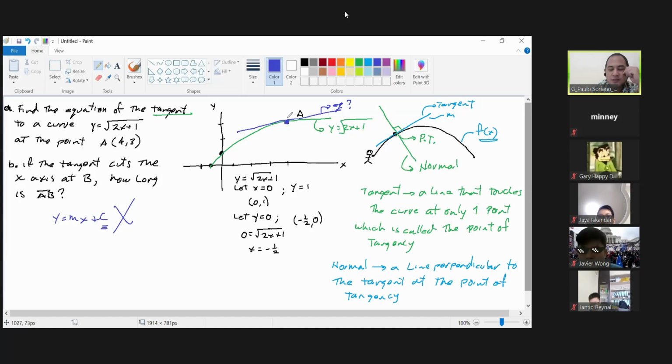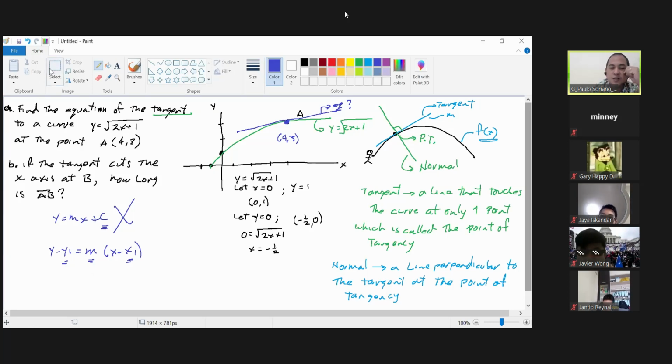So the last one that we can use is the point-slope formula, y minus y1 equal to m times x minus x1. For this one, I have x1 and y1, which is this coordinate here, 4, 3. And we just need a slope, gradient.